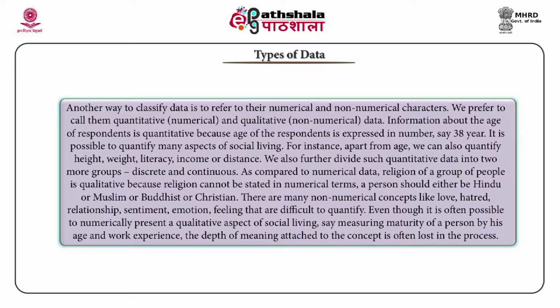For example, the height of an individual may have any value between, say, 60 inches to 74 inches. It may be 66.4 inches or 66.47 inches or even 66.46589 inches, provided we could measure the height so precisely.